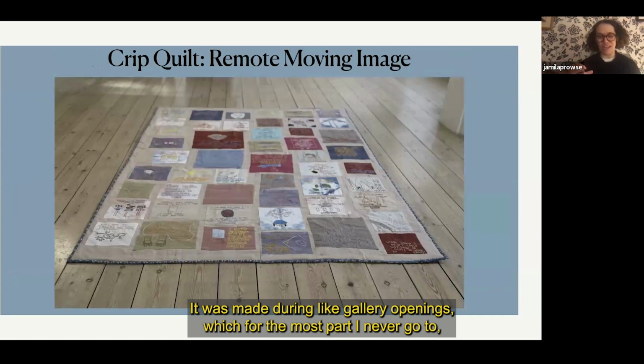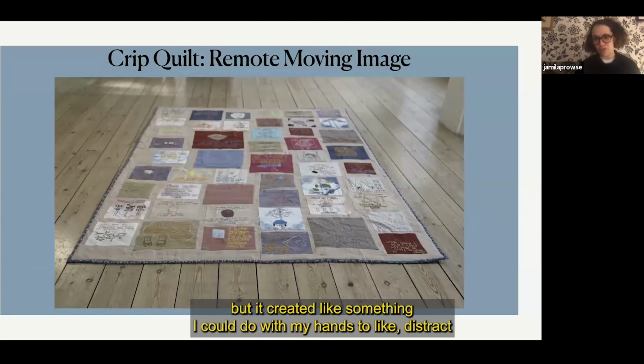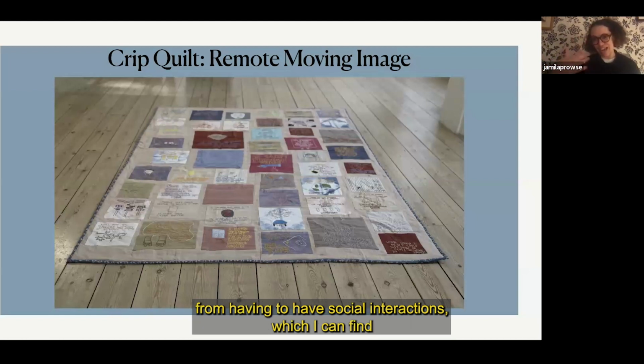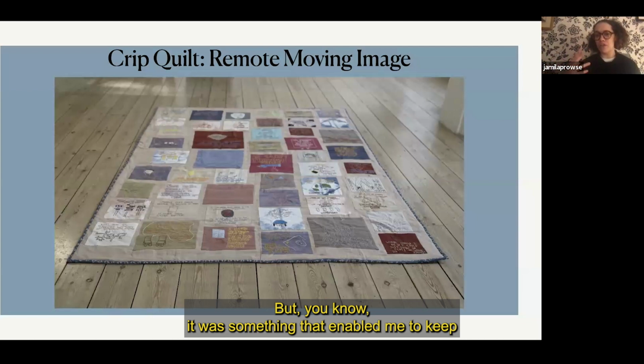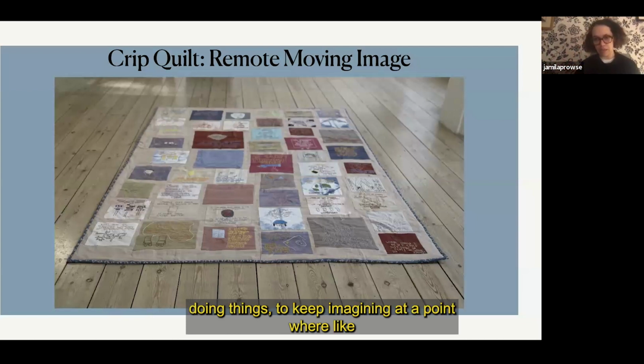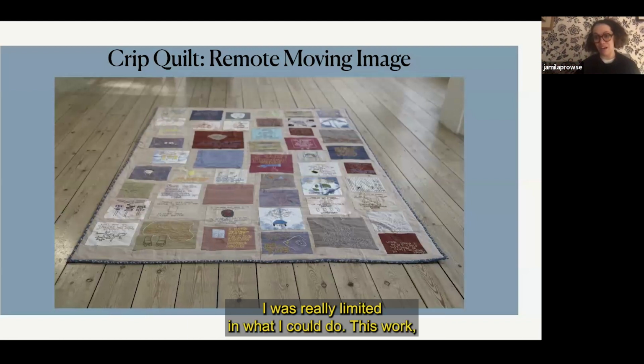It was made during gallery openings, which for the most part I never go to, but it created something I could do with my hands to distract from having to have social interactions, which I can find challenging. But it was something that enabled me to keep doing things, to keep imagining at a point where I was really limited in what I could do.